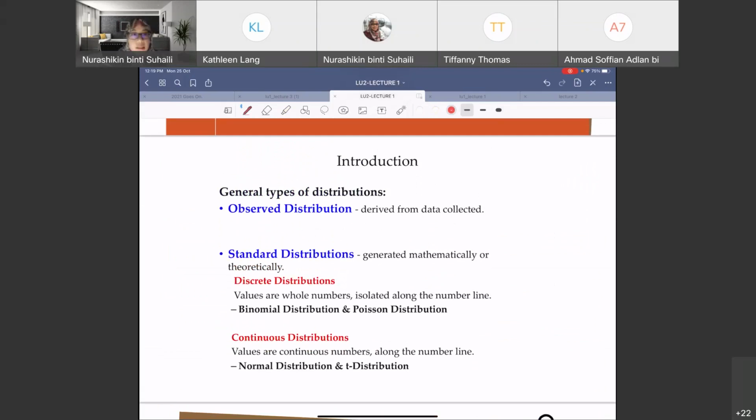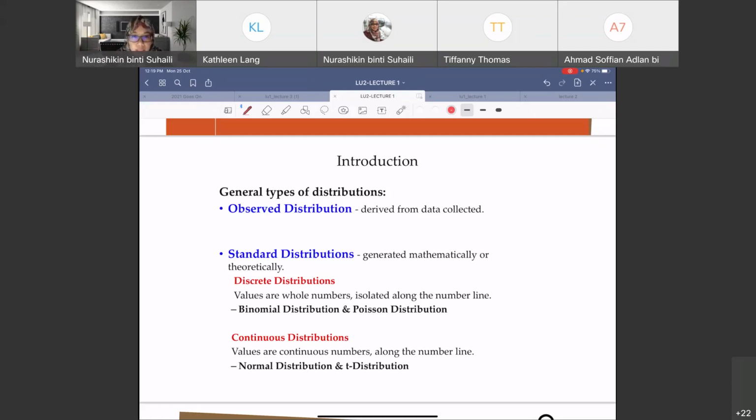For example, in LU1, we talked about many examples of data that we collect from certain types of surveys or studies. Whatever we discuss or analyze from the data collected is observed distribution.